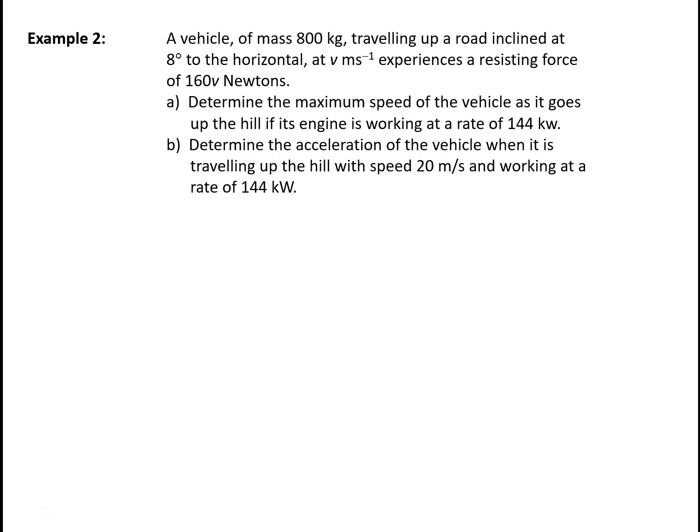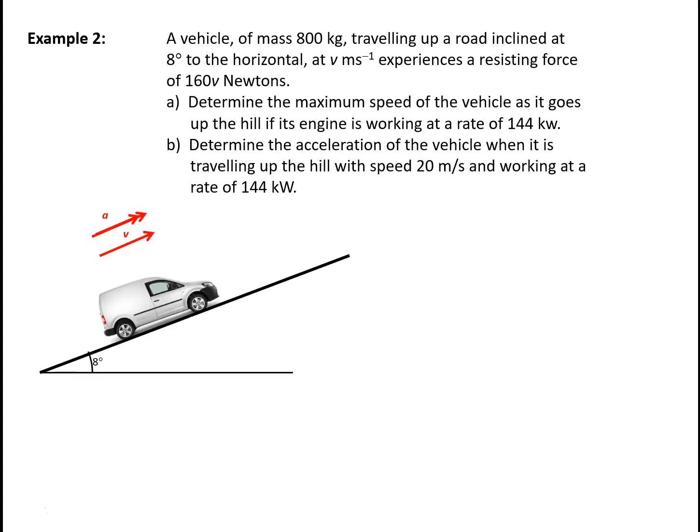So we'll start by drawing a diagram. So there's the van going up the slope. We need to put all of the forces onto the diagram, and this time we must put all of the forces on because the vehicle is not moving in just a horizontal direction.